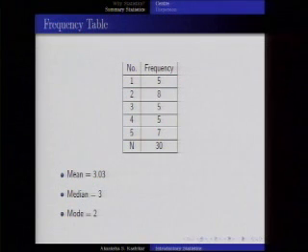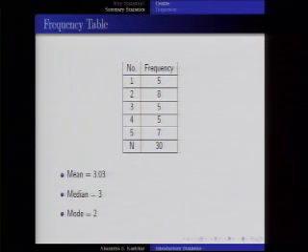If I arrange the data in ascending order, I have first 5 1s, then 8 2s, and then 5 3s. So my 15th as well as 16th observation would be 3. So my median is 3.